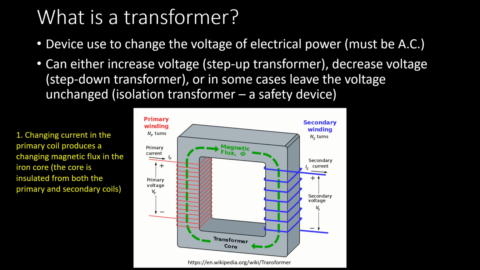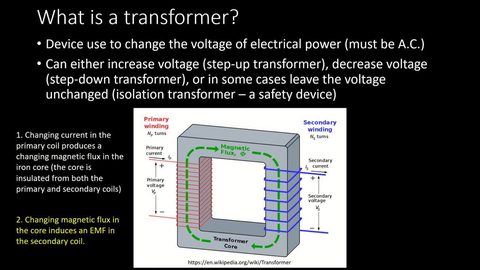So the important thing in the process is that when you change the current in the primary coil, which is why it has to be AC, you produce a changing magnetic flux in the iron core. A current through a coil produces a magnetic field, and a magnetic field produces a flux. If you change the current, you change the magnetic field, so you change the flux.